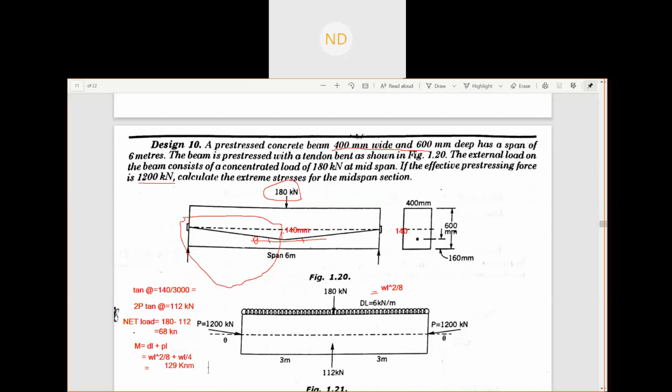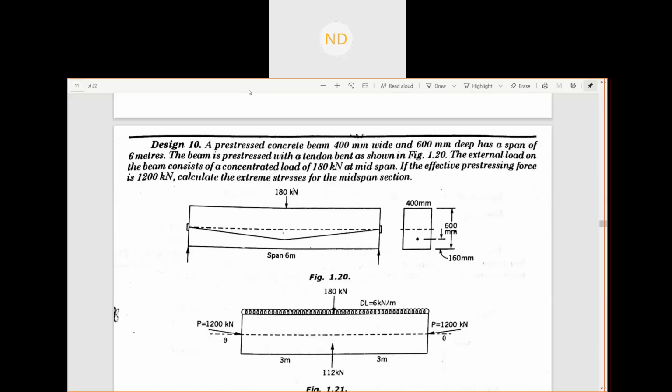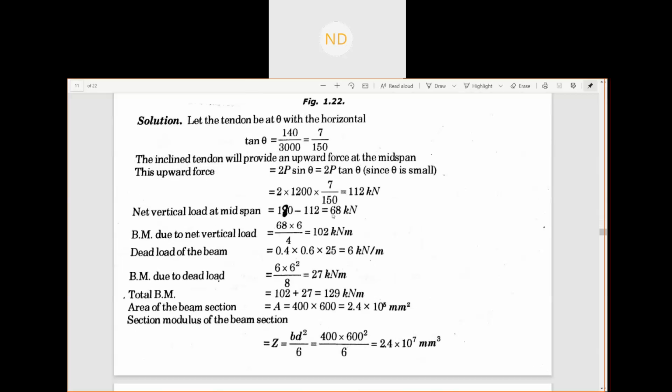Let us now check the total load. So this is your calculation. See what we had calculated.